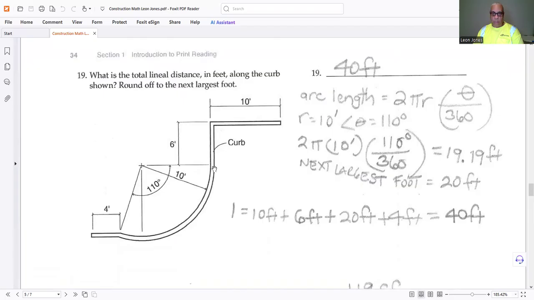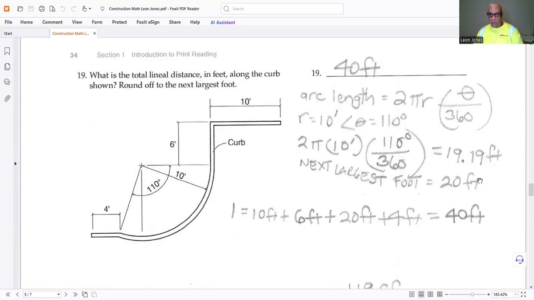Now remember, I had angles right here. So I took that 10 feet. That's my radius. Then I took the angle, 110 over 360. Why? Because there are 360 degrees in a full circle, but I have a partial circle. And I utilize my radius.